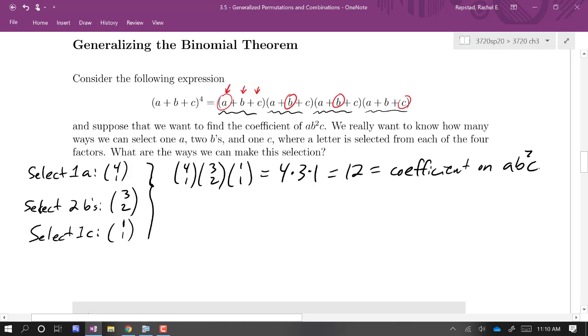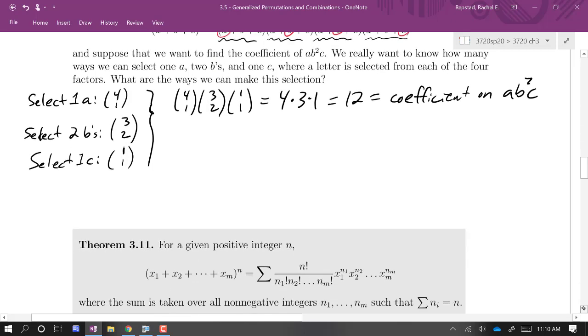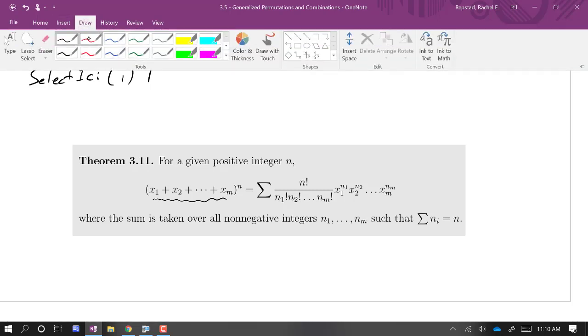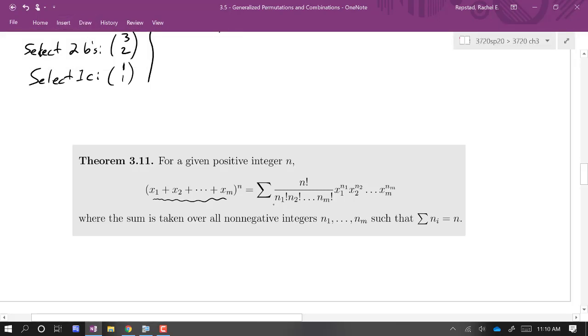So in the next theorem, theorem 3.11 down here, this just states it. We're looking at a specific question, but here's a generalized binomial theorem. So I'm not restricting it to binomials, any number of terms here that I'm raising to the nth power. And I get these coefficients, or I can help myself find these coefficients by using this.